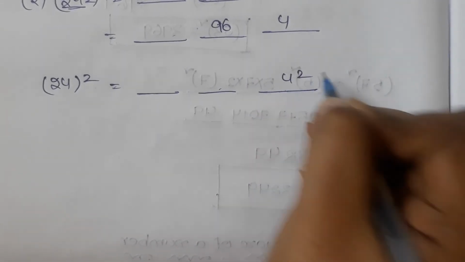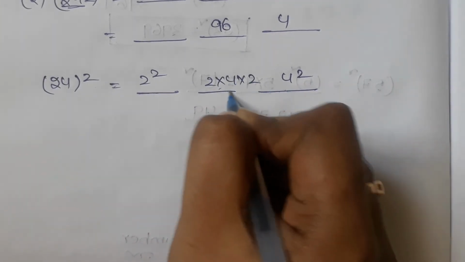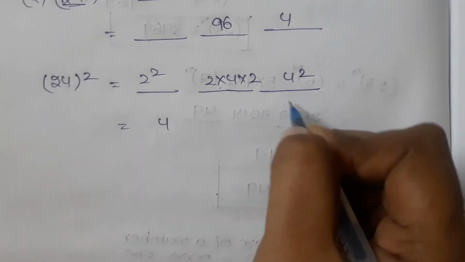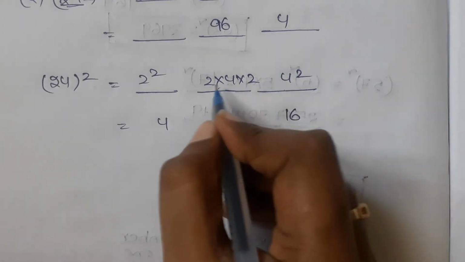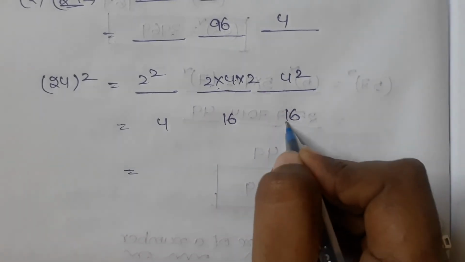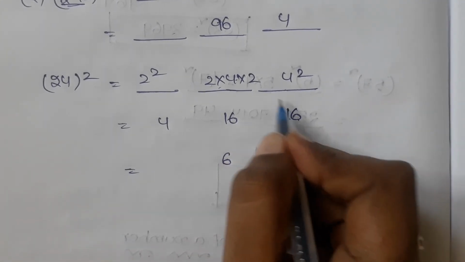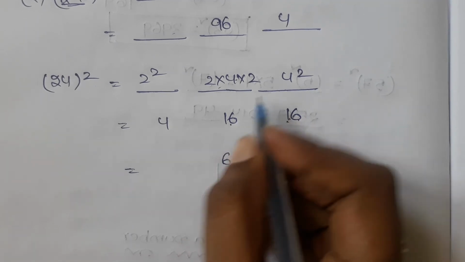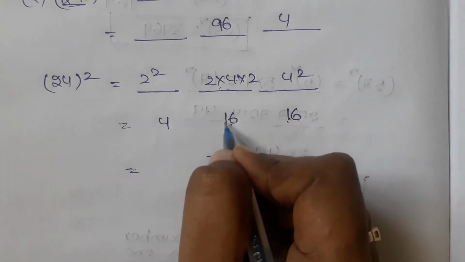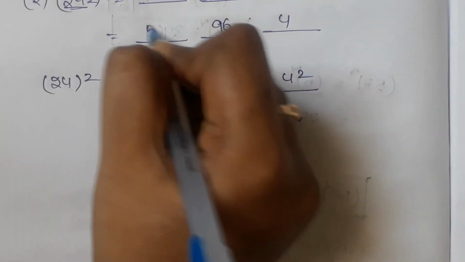That is 4 square, 2 square, 2 into 4 into 2, that is 4, 16, and 2 4 is 8, 8 2 is 16. Now in this 16, 6 to be written and 1 is carry forwarded to 16, that is 17, and this 1 again carry forwarded to 4, that is 576.